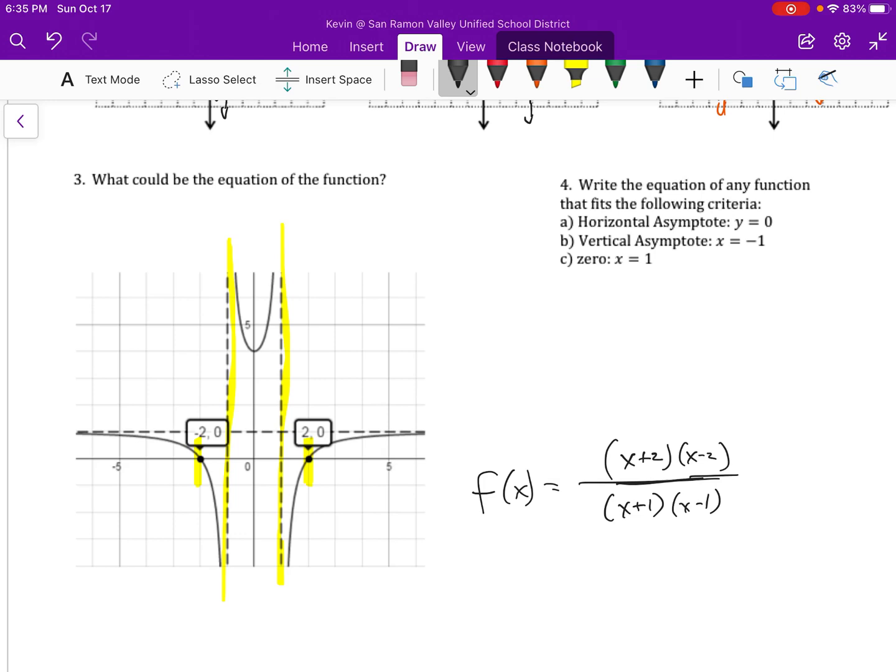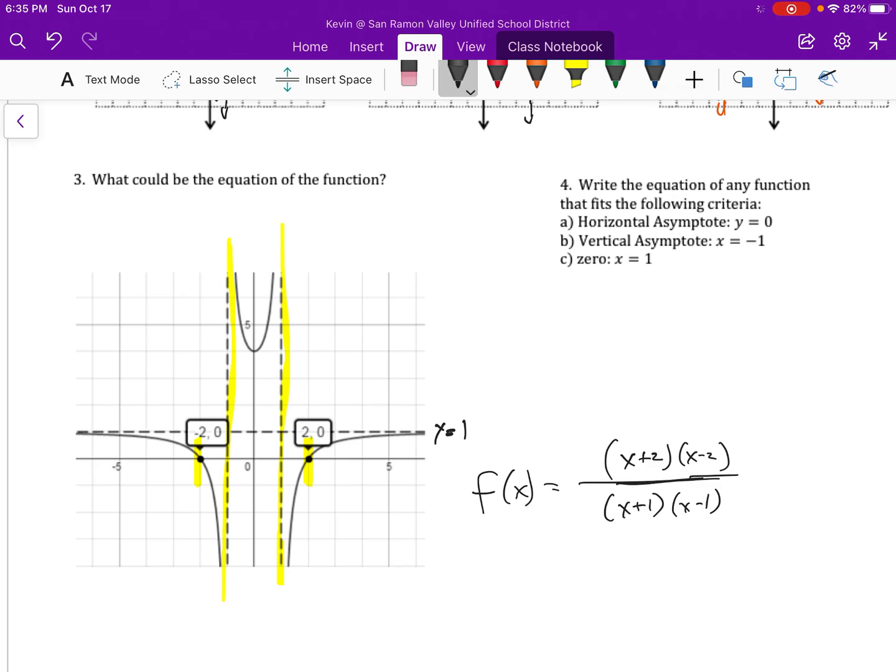And we look and we have a y equals 1 as our horizontal asymptote. So in that case, we know that n has to be greater than m. Oh, no, I'm sorry. They have to equal each other.